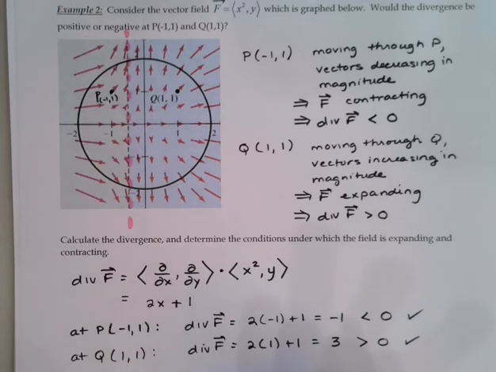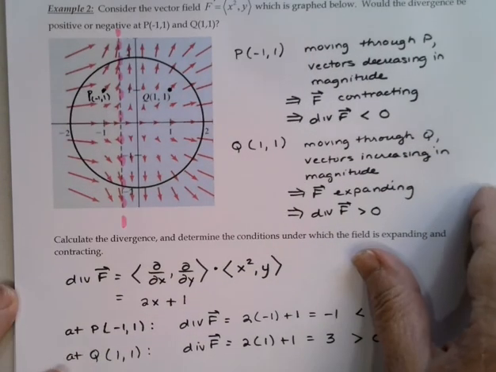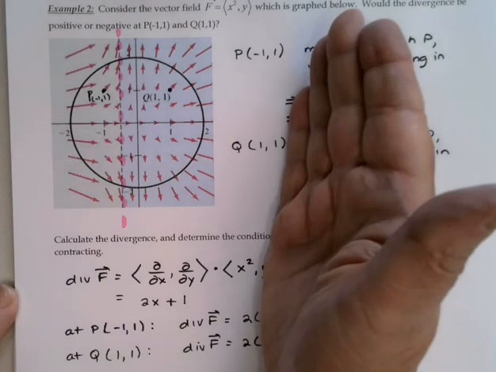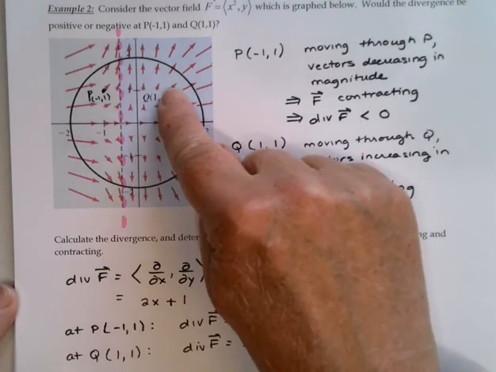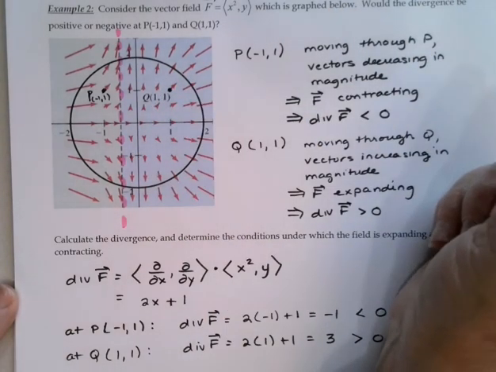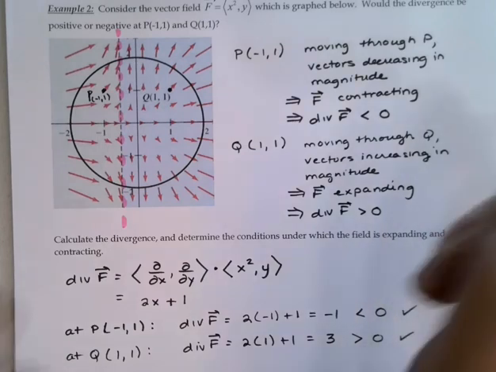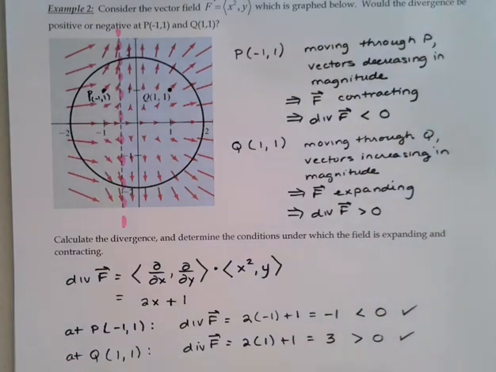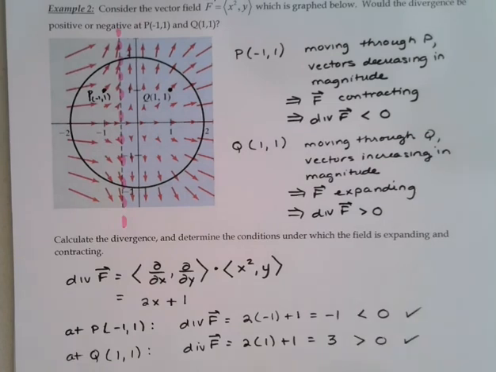The vectors are getting smaller in magnitude as we move toward that vertical line. Everything on the right of the vertical line, the vectors are getting larger as we move away from the vertical line. The vector field is expanding. All right, so that's a nice visual example of what we see when we're calculating divergence.